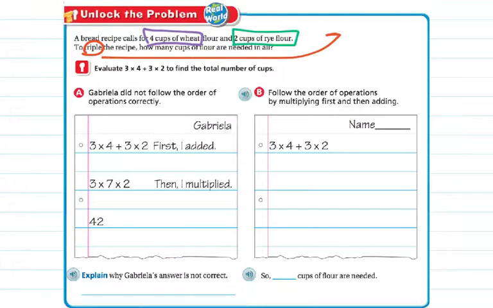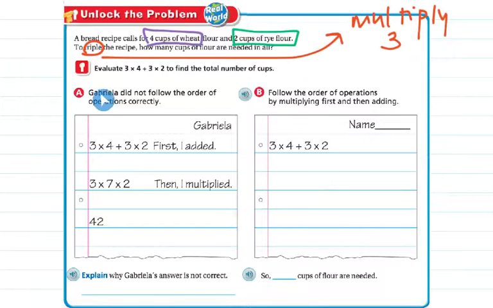When we hear the word triple, boys and girls, it's telling us that it's going to be multiplication, and it's also telling us our factor. It's multiplying by 3, because we can hear that 3 inside of the word triple. So it says evaluate 3 times 4 plus 3 times 2 to find the total number of cups.